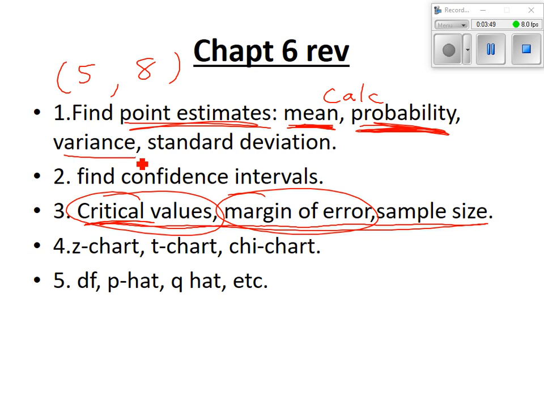For the variance and the standard deviation, you can't do them on your calculator, because you have to use your calculator to do them, but it's just so long. It's still on here.